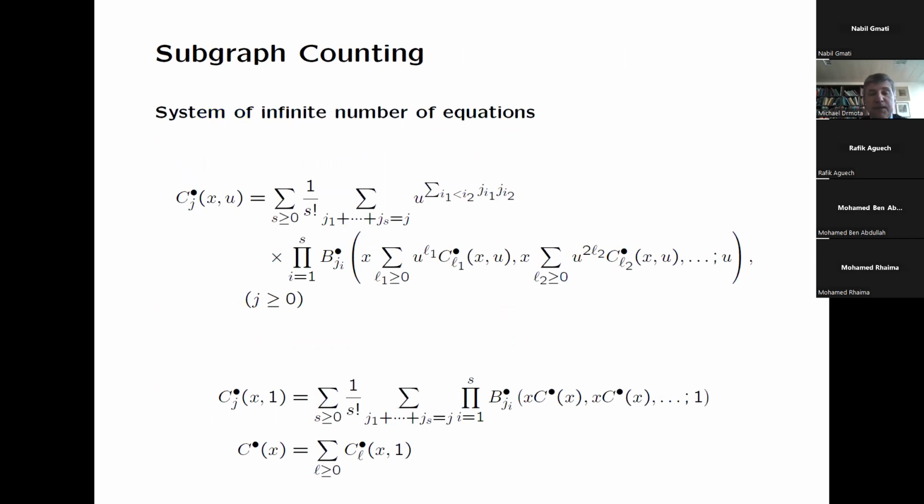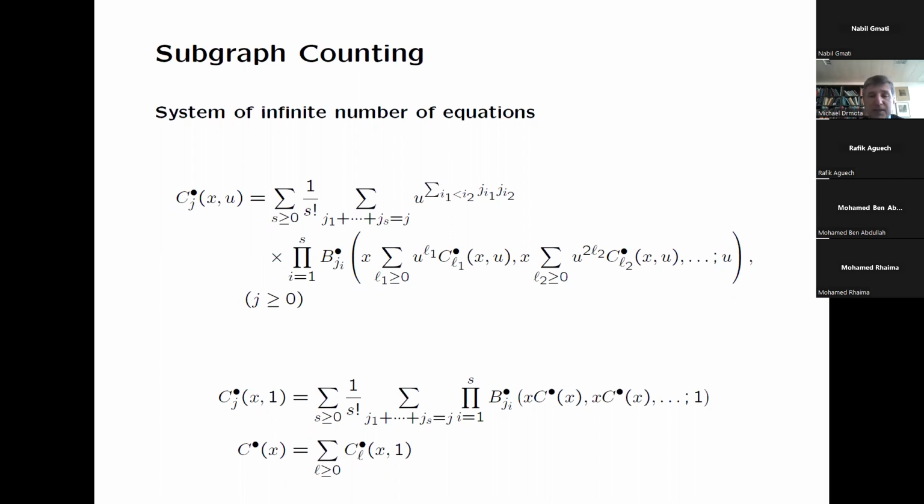Maybe I go quickly to the final form that has to be done to count subgraphs in series parallel graphs.